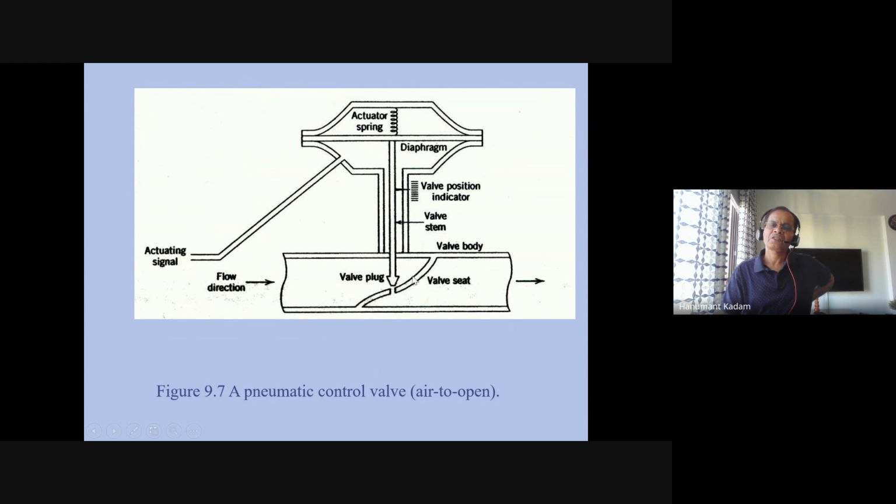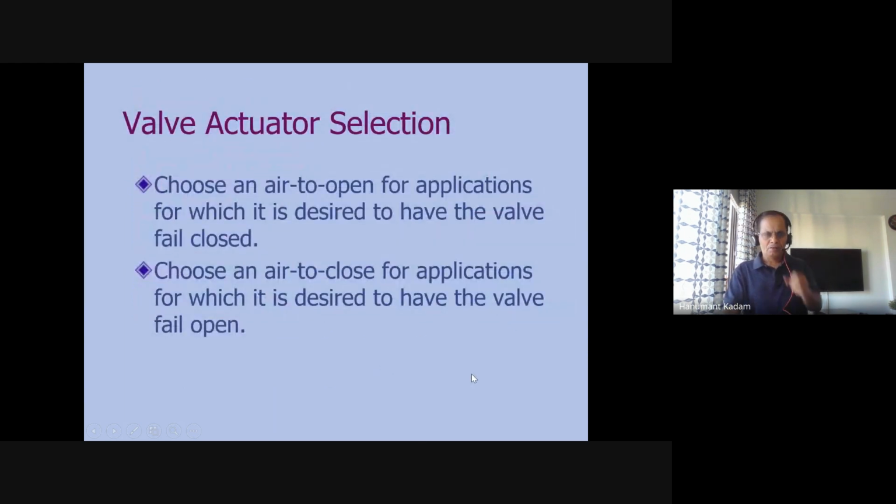Accordingly the stem will move, the gap between seat and plug will be more, so the valve will be open. Choose an air to open valve for applications where it is desired to have the valve fail close. Choose an air to close for applications where it is desired to have the valve fail open.